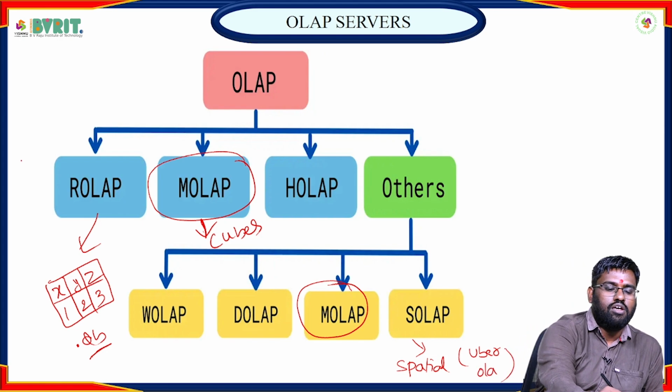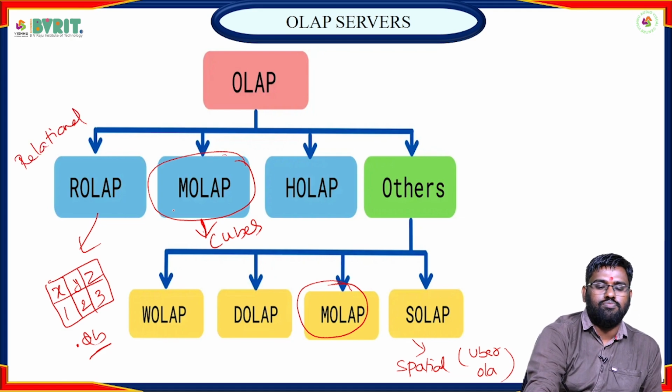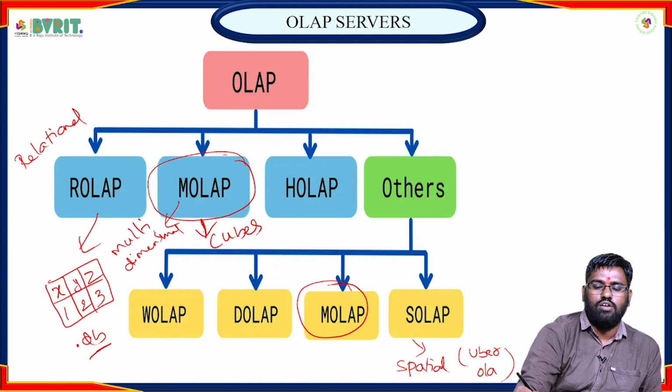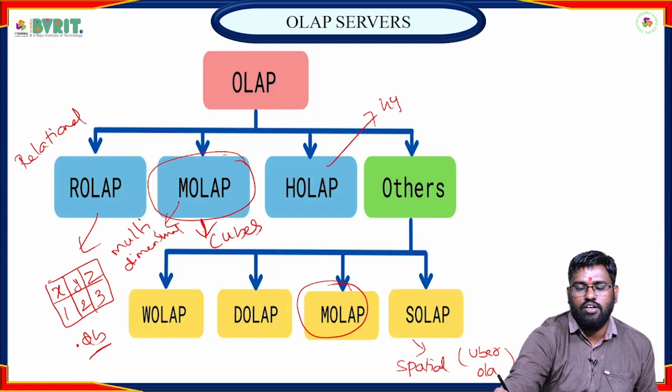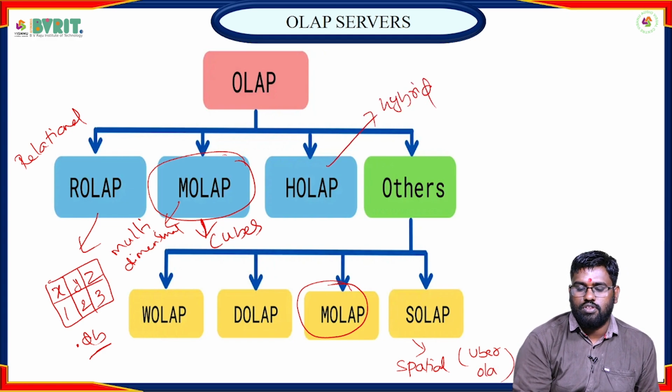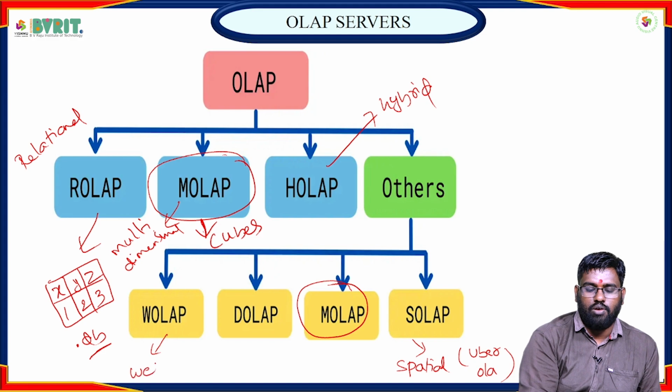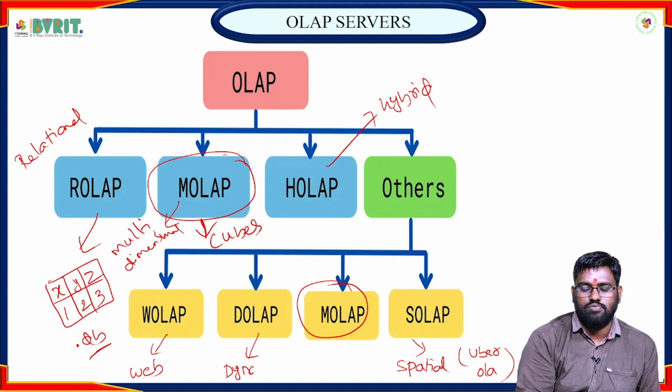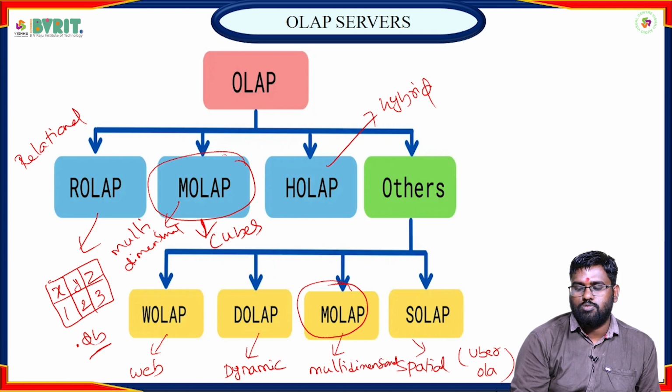So R means relational, M means multi-dimensional, H means hybrid, W means web, D means dynamic, M means multi-dimensional, S means spatial.